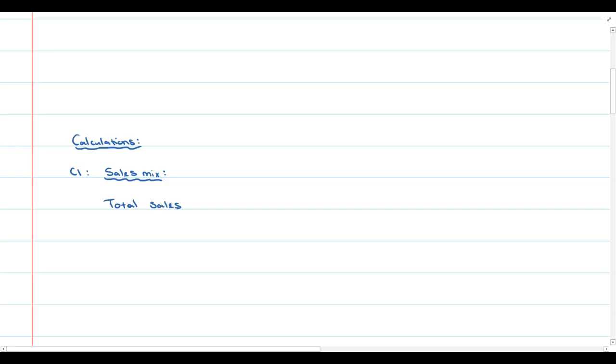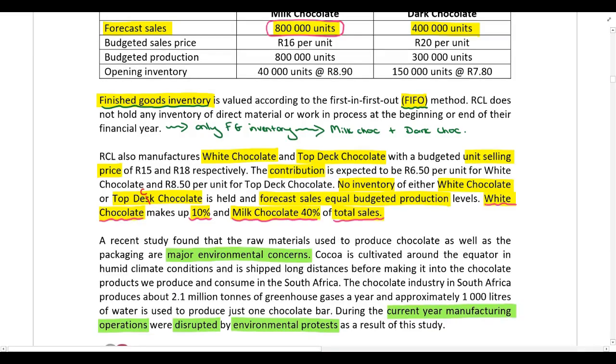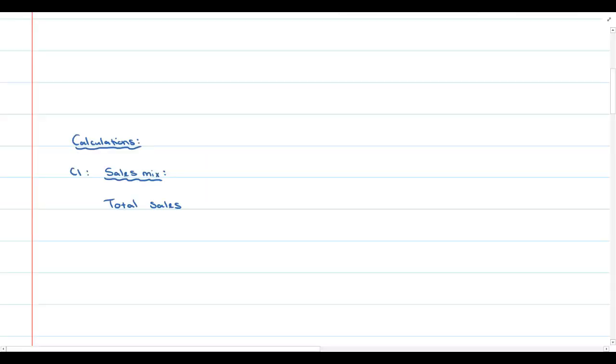All right, if we are trying to calculate total sales, we know that for milk chocolate, they expect to sell 800,000 units. And we know that that's 40% of total sales. So guys, remember the logic is you multiply by what you want and you divide by what you've got.